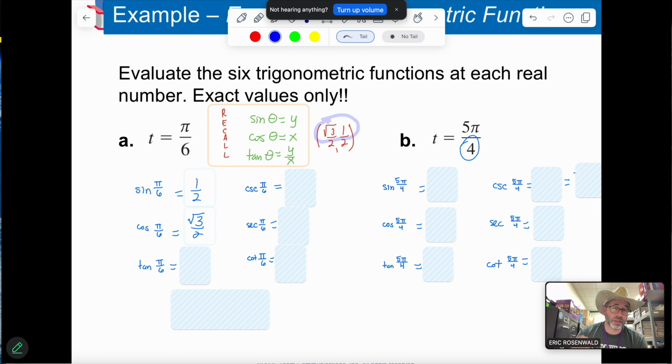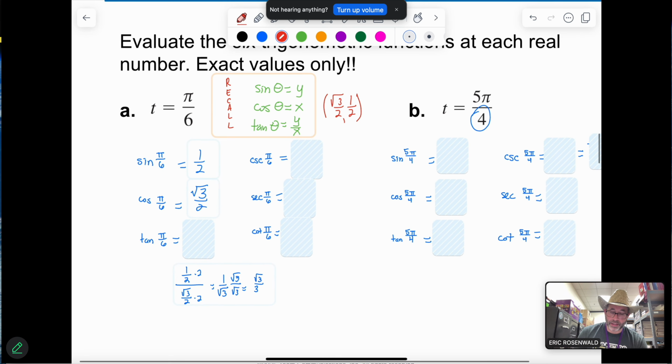I don't pay attention to the 2's, because every time I deal with these fractions, those 2's would cancel themselves out. Here's why. If I do 1/2 on the top, that's your y value, and root 3 over 2 on the bottom, and I multiplied both the top and the bottom by 2, the 2's cancel out, and we're just left with 1 over root 3. If I rationalize this, it's root 3 over 3.